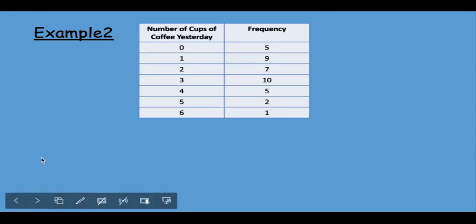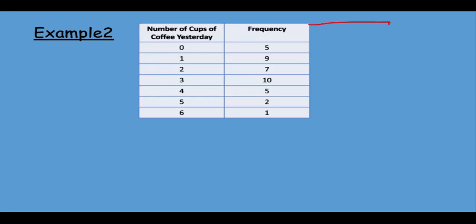So we're looking at people drinking coffee now. Okay, again, got big numbers here, so the list would be just unworkable. So our first job is to add our extra bits to the table. Obviously, you would normally put these lines in, but it's not that easy with writing on the board like this.